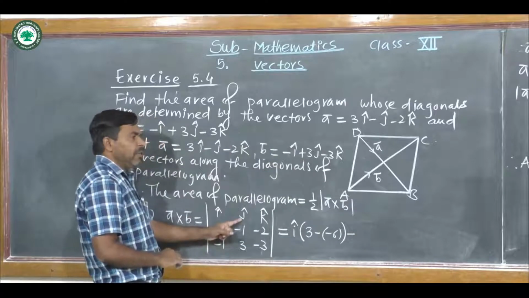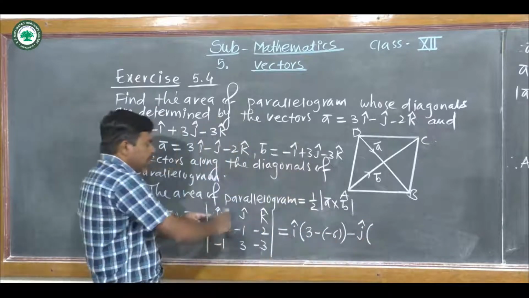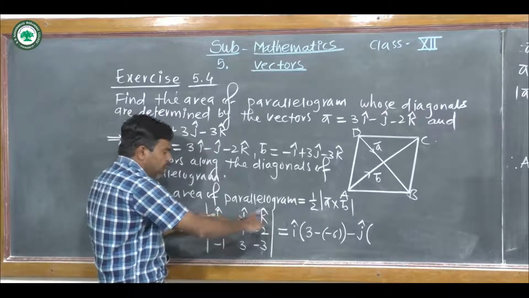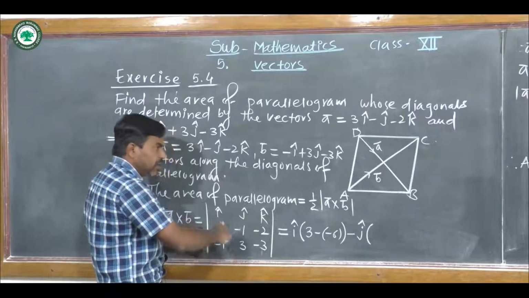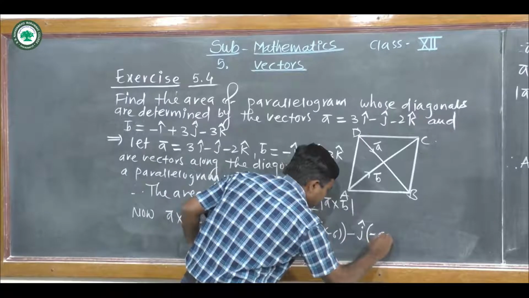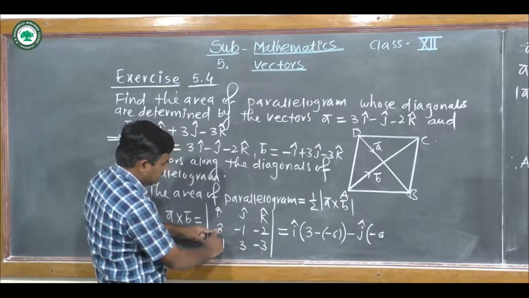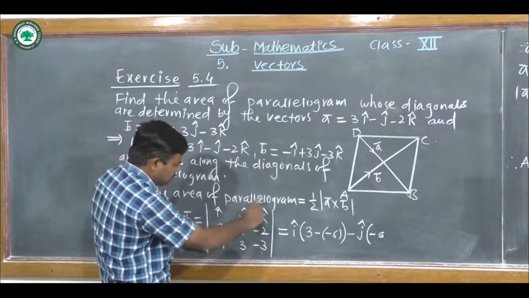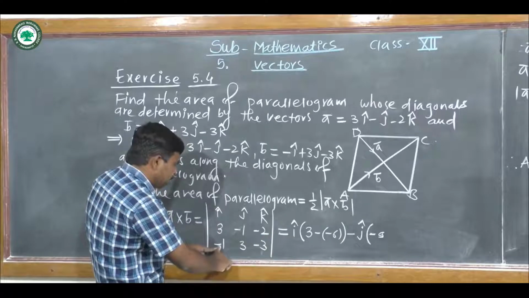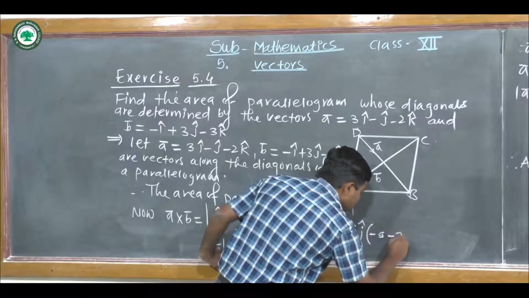Second element, minus j cap in bracket. Now j cap lies in the first row and second column. So leave the first row and second column and take the determinant of the remaining 4 elements, that is 3 into minus 3, minus 9, and minus 1 into minus 2, plus 2.